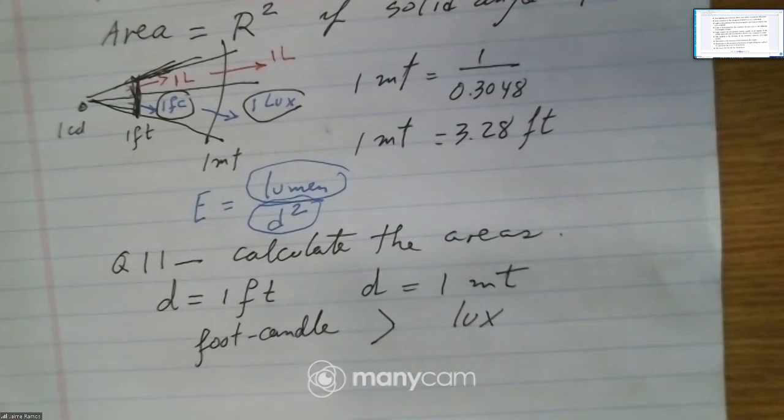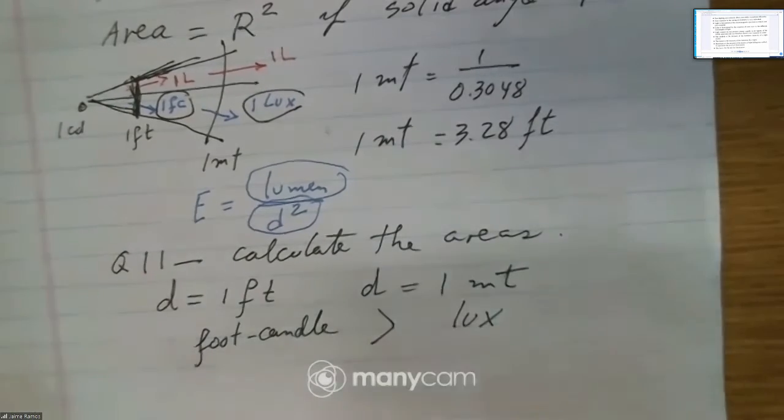Okay, so at the bottom, we have these 4 important units of light: the candela, the lumen, the lux, and the foot candle. Now, where does it say it's individual, subjective?